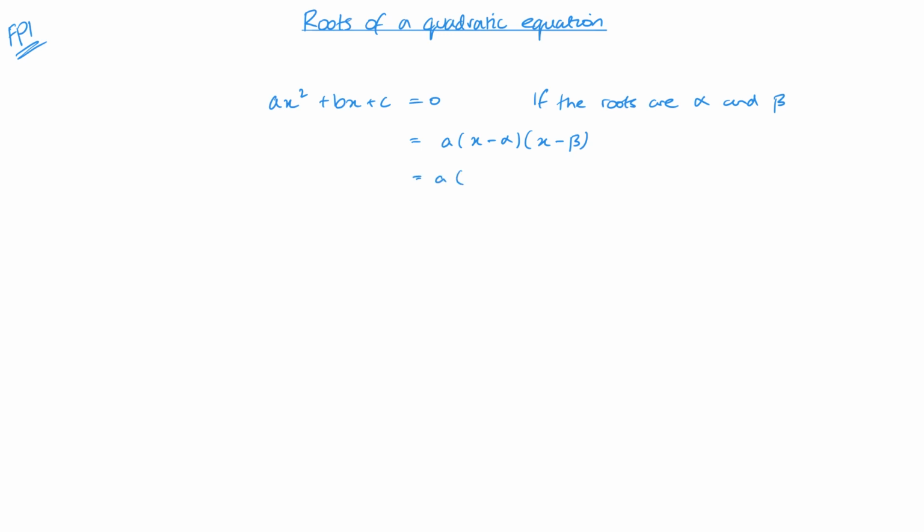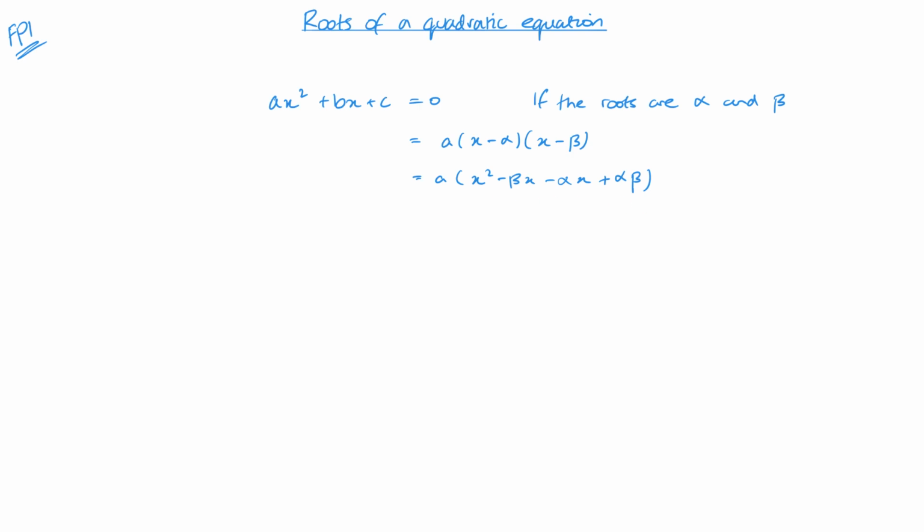Now if I expand these brackets, I'm going to get x squared, then x times the minus beta, so minus beta x, the minus alpha times x, so minus alpha x, and then plus alpha beta from the negative alpha multiplied by the negative beta. So this is what we've got.